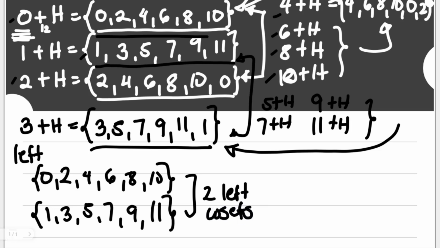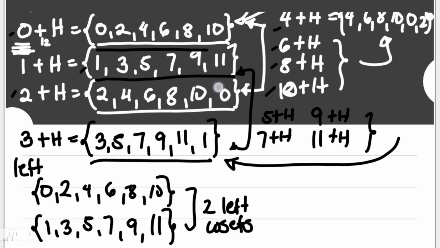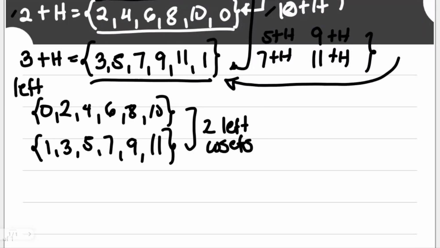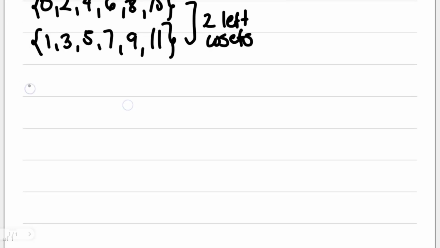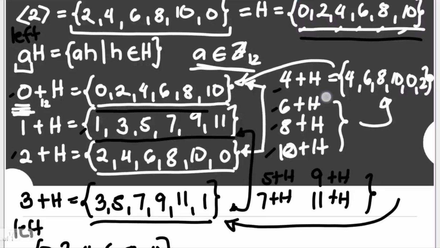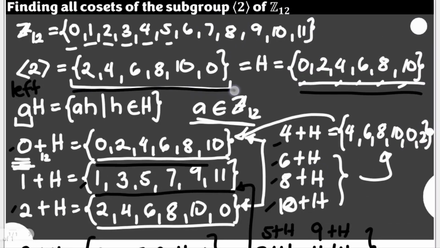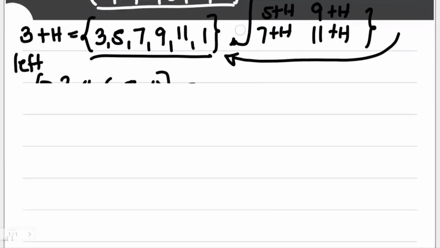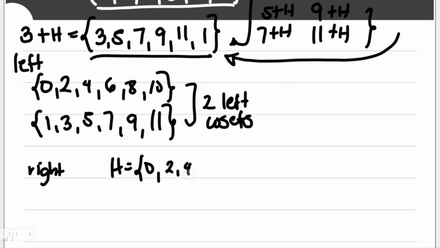Okay, since we are asked to solve for all cosets, we are also going to show here the right cosets. So for our right cosets, with our H again, this is our H, right? The set generated by 2, I'm just going to arrange it 0, 2, 4, 6, 8, and 10.